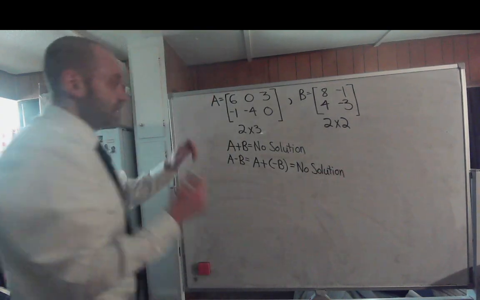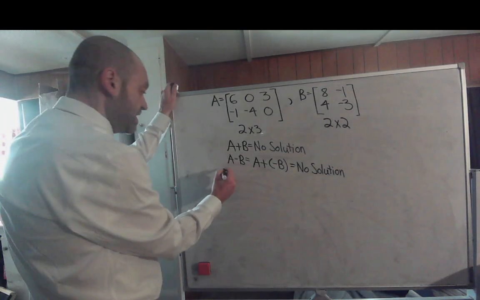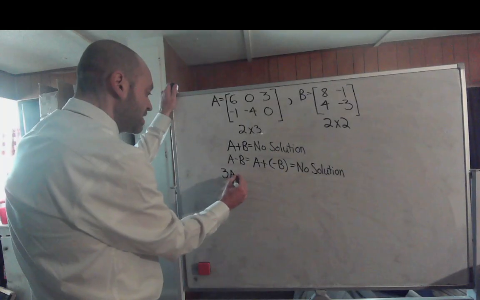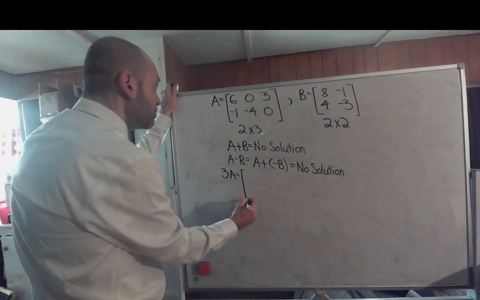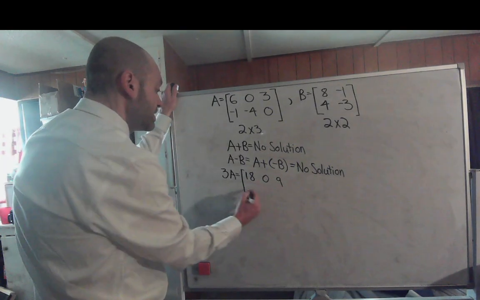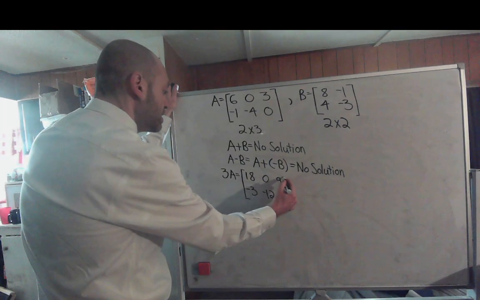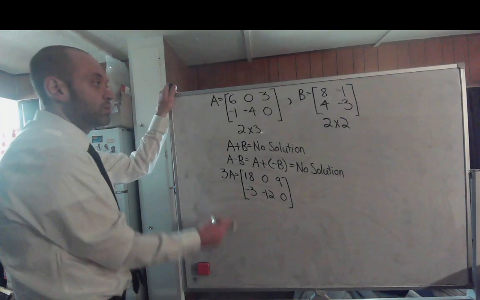You can still take scalar multiples of each matrix. You could find 3A, and that would certainly give you 18, 0, 9, negative 3, negative 12, and 0. Scalar multiplication you can always do.